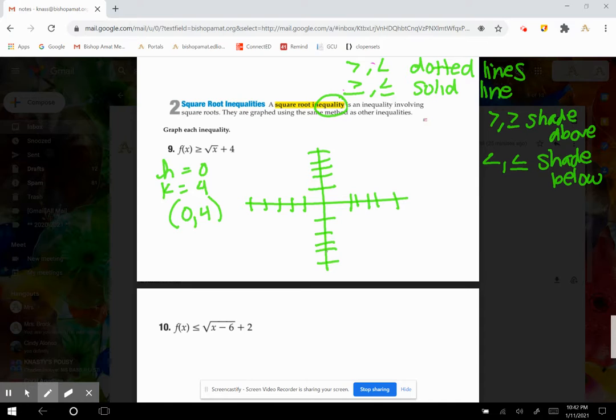We'll just stay consistent on that. So if our starting point is 0, 4, 1, 2, 3, 4, it starts right there. That next point is 1, 5, so you're there. Now, let's look at our inequality. Greater than or equal to, we have a solid line. Y is greater than, so you shade above the line. So it should look something like that.